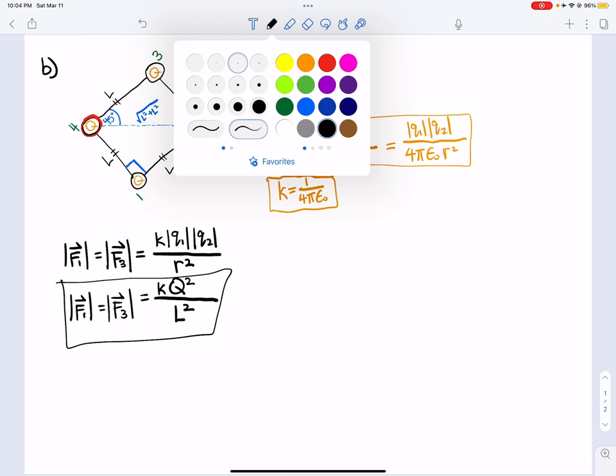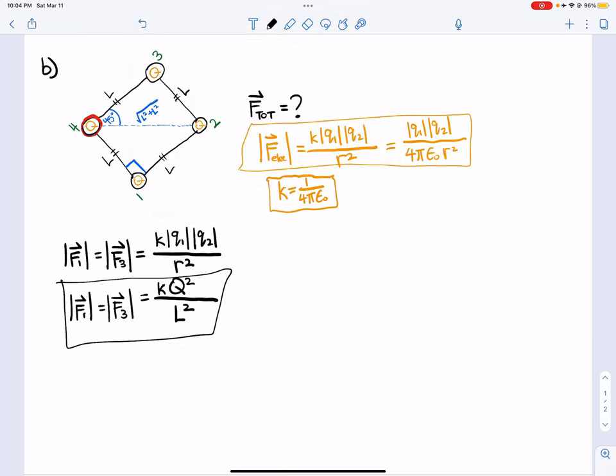What about my magnitude for force 2? Okay, well, K is just a constant, so I will write that down, right? What about Q1 and Q2?